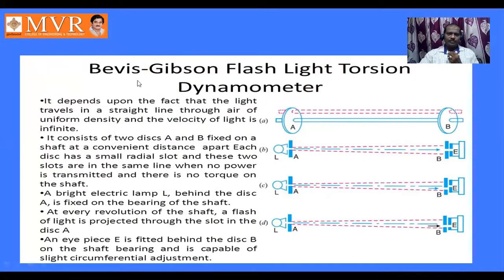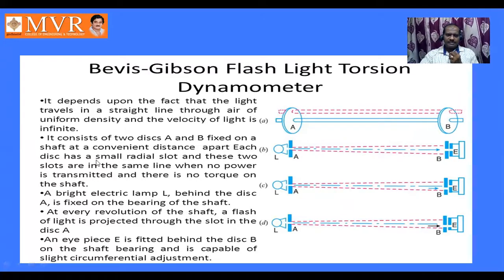It depends upon the fact that light travels in a straight line through air of uniform density and the velocity of light is infinite. It consists of two discs, A and B, fixed on a shaft at a convenient distance apart.